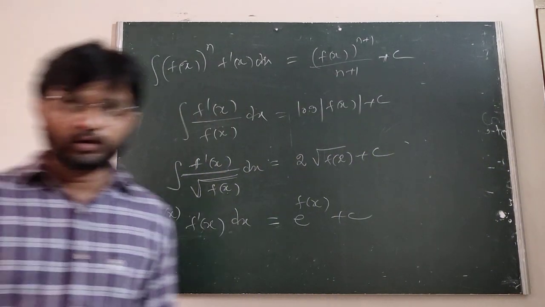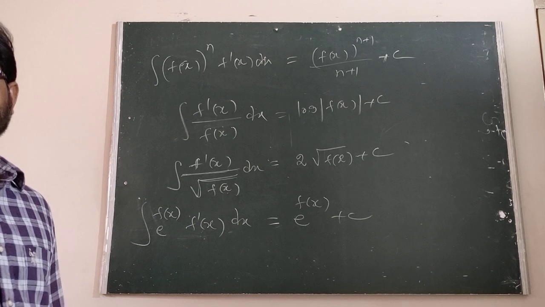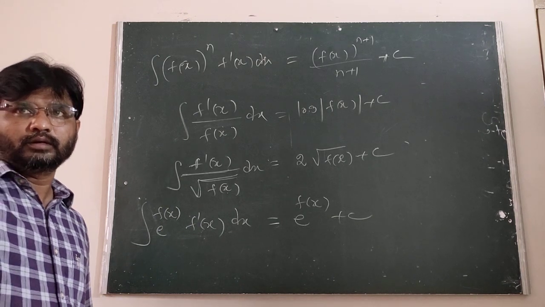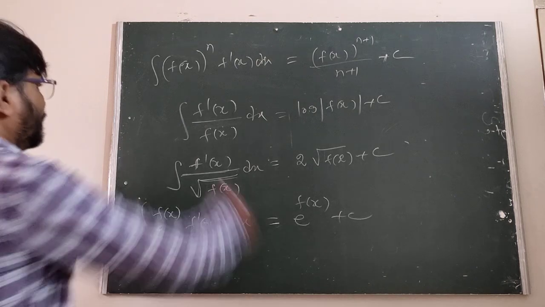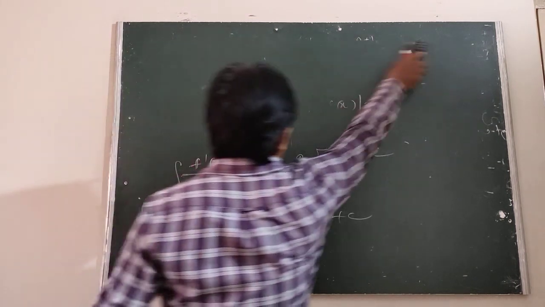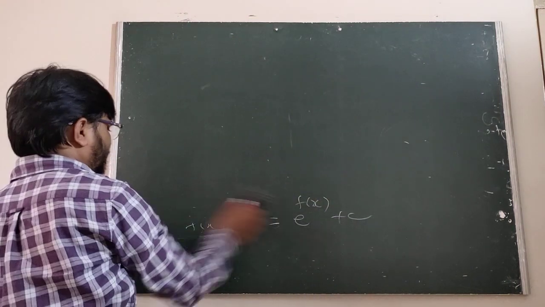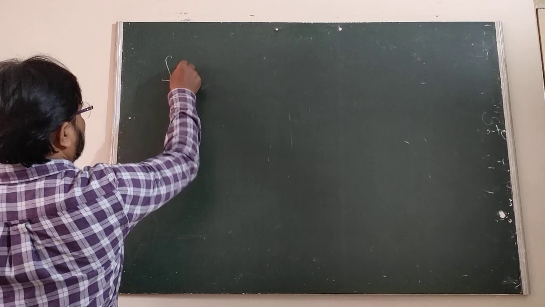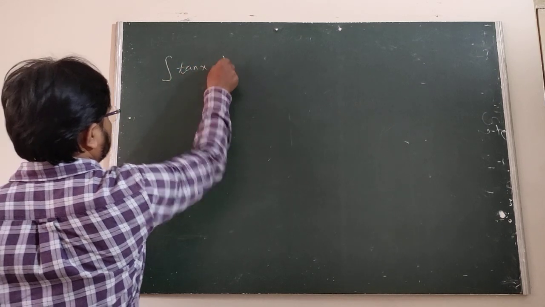Today we are going to discuss more integrals. First of all, we have to find the integral of tan x. First we have to evaluate the integral tan x dx.